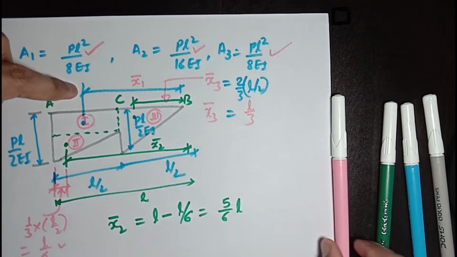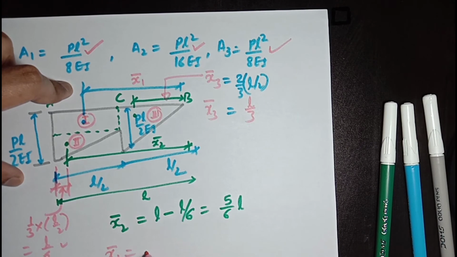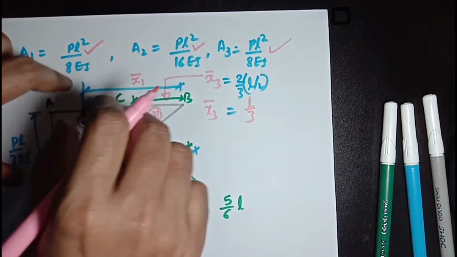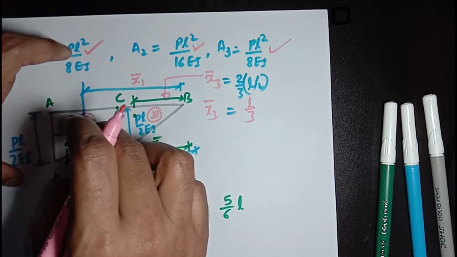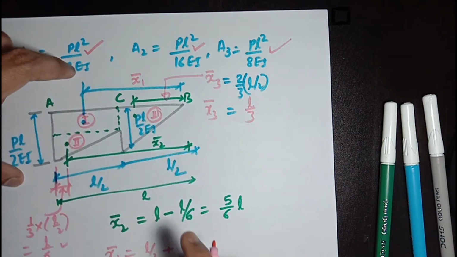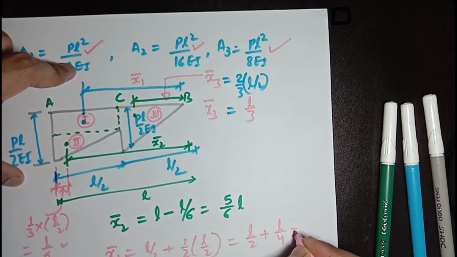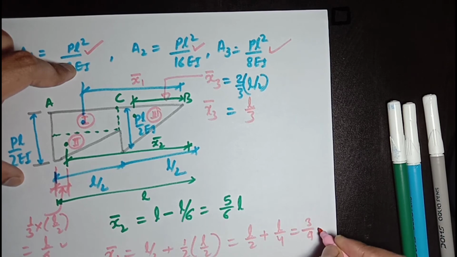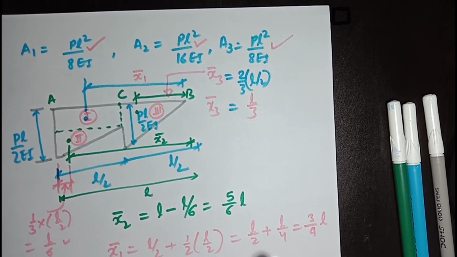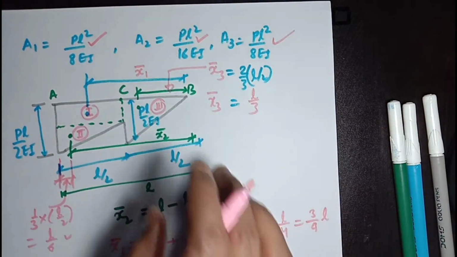And x1 bar will be L by 2 plus half of this length, because it's a rectangle, so the centroid is at the center of the rectangle, half of L by 2, which is L by 4. So 2 plus 1, 3 divided by 4 L. So we are done with the calculation of the centroids with respect to point B.